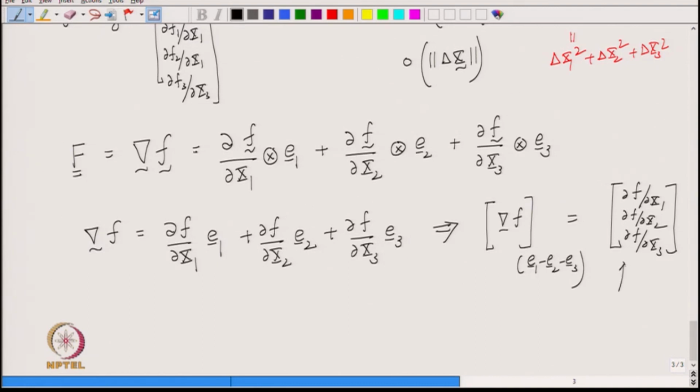So, that is the column form of gradient. Whereas, this is the vector form.